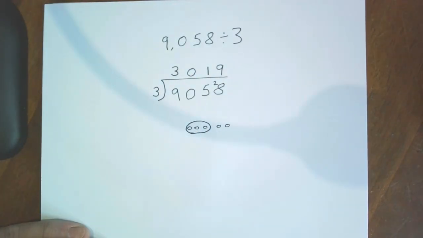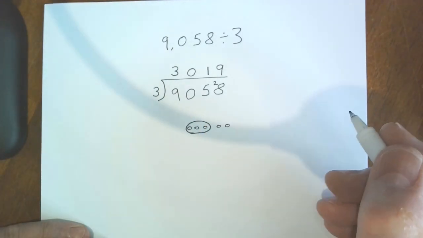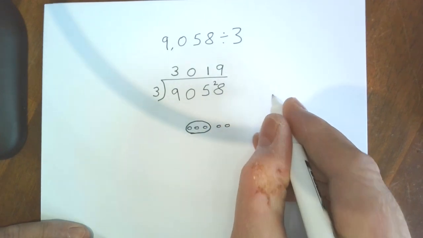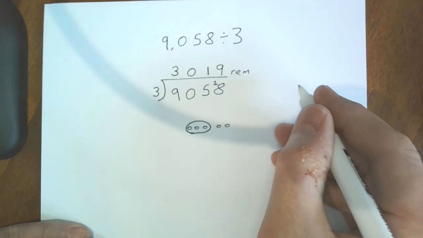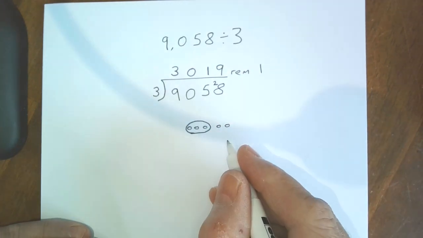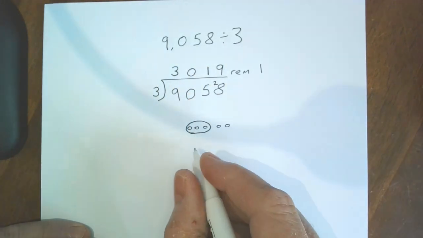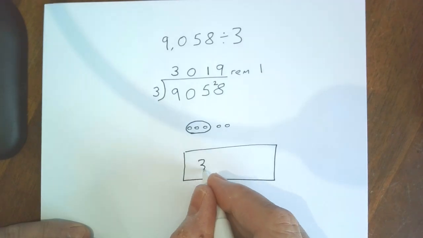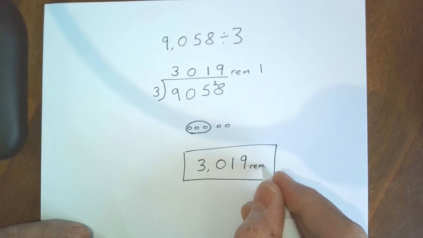So I know that that would make 27. I've got 28 counters, so there would be 1 left over. There's no other numbers to put it in front of here, so there's 1 left over. So I'm going to put remainder 1. So my answer to 9,058 divided by 3 is 3,019, remainder 1.